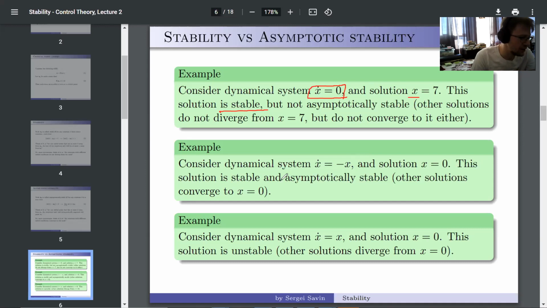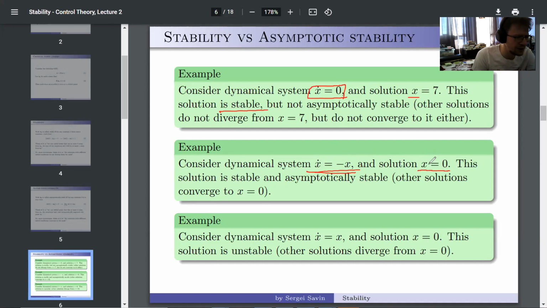Nothing diverges there, but it is not asymptotically stable. All right, then you have the next system, and let's say solution x equal to 0. That is the only stable critical point, or node, of the system.